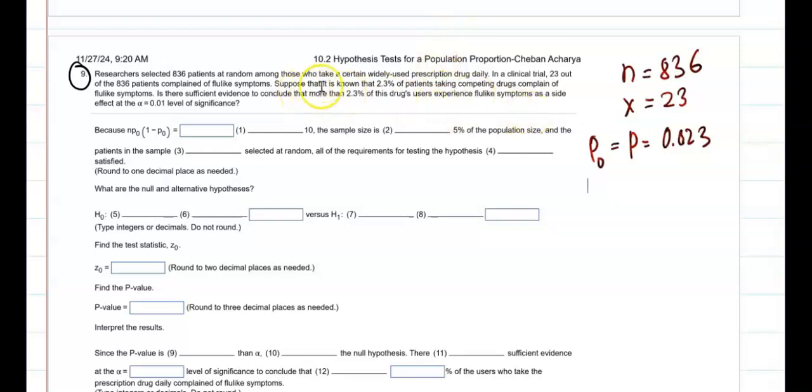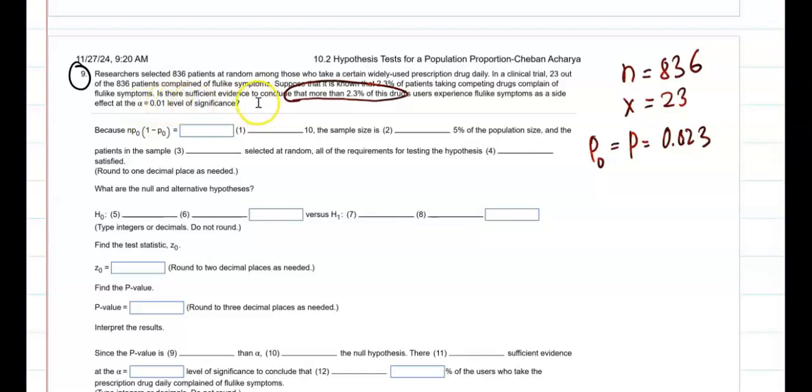Right? Again, suppose that it is known that this is the null hypothesis, p equals 0.023. Is there sufficient evidence at the level of significance to conclude that more than 2.3% of the drug users experience flu-like symptoms as a side effect, alpha equals 0.01?